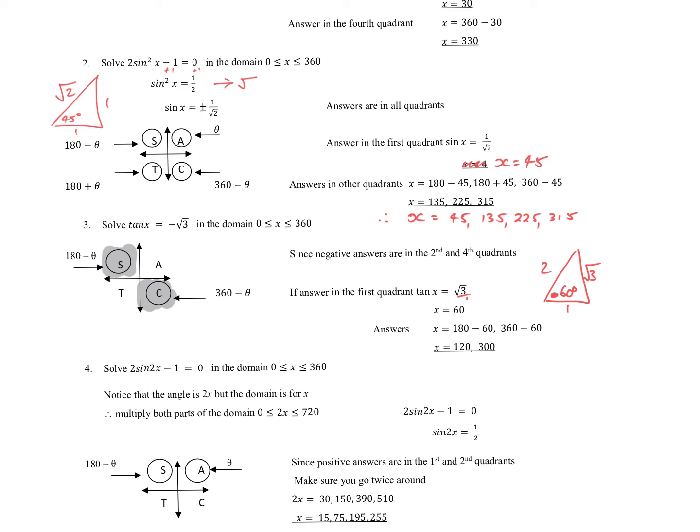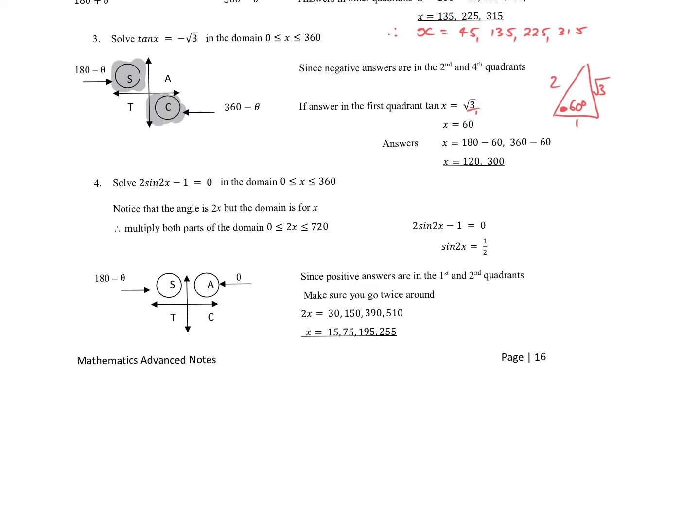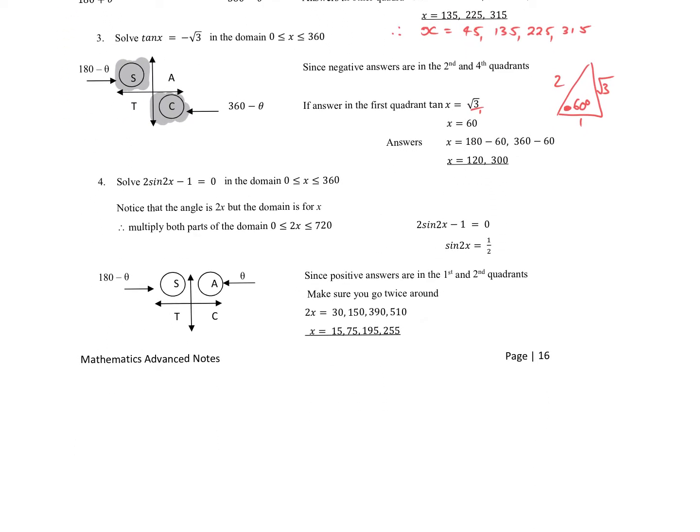Okay, for the next one. So one thing that's different with this one is that the angle is 2x, but our domain is only for x. All right, so what we are going to need to do is multiply all parts of the inequality.